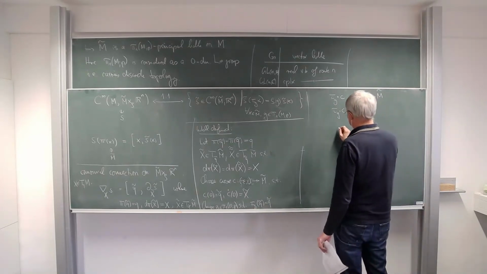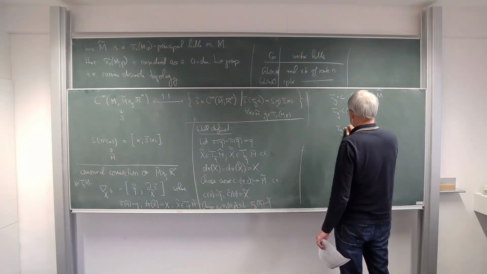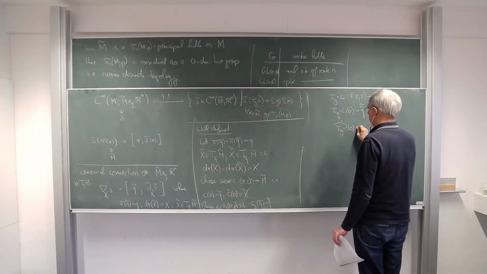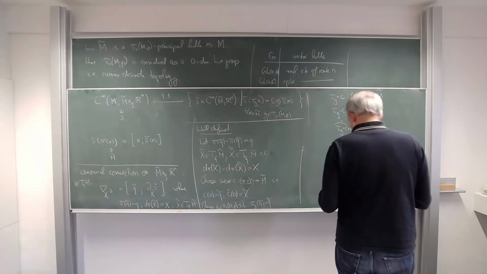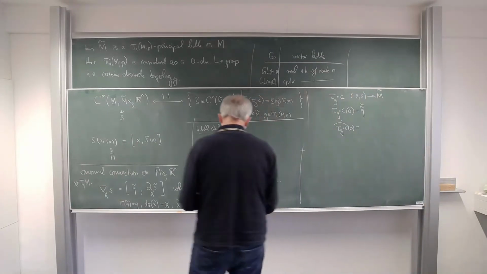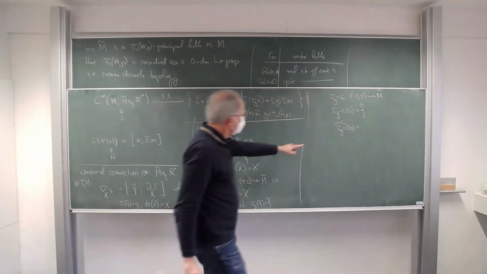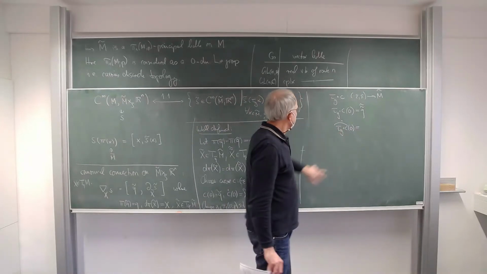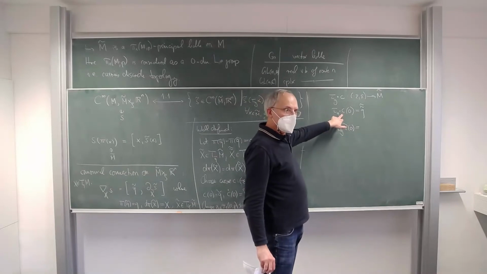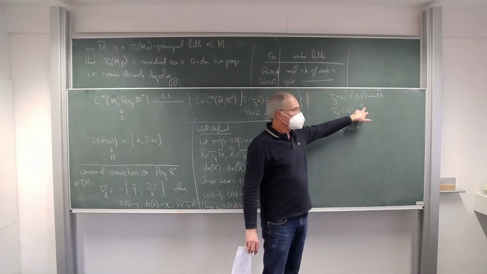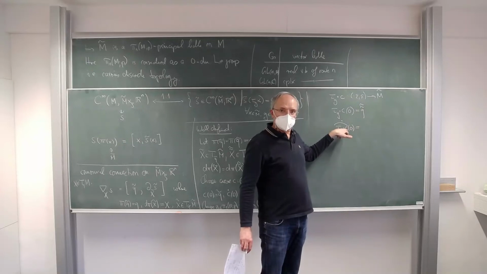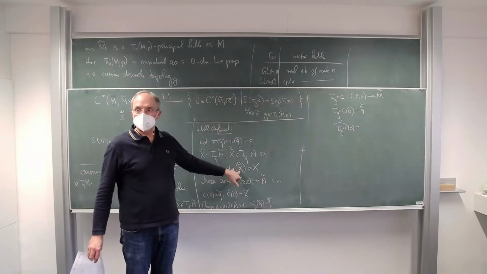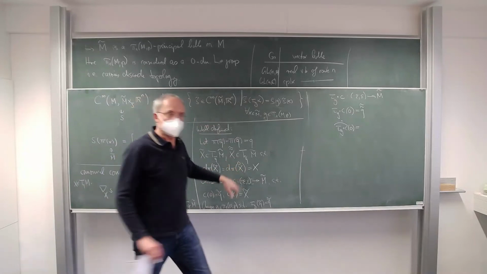And if I differentiate it at 0, then I get... this curve also projects down to the same curve as C. And so this gives me a tangent vector at q tilde tilde, which is mapped by the projection map onto the same vector x, but that vector is uniquely determined by this condition, it's x tilde tilde.